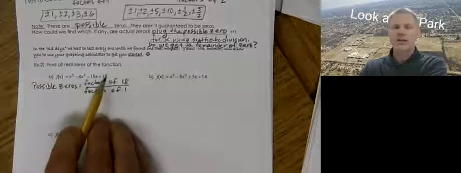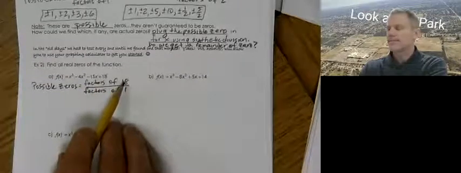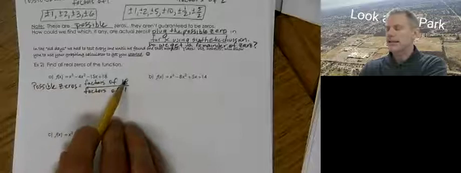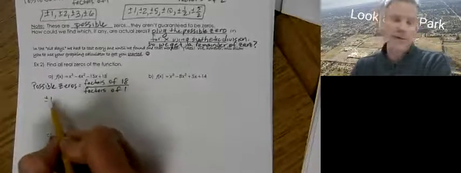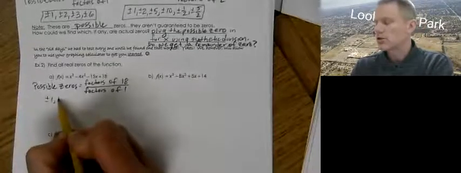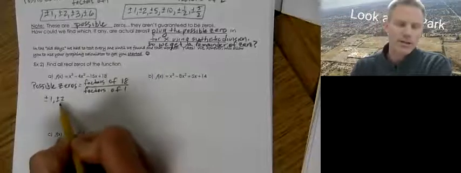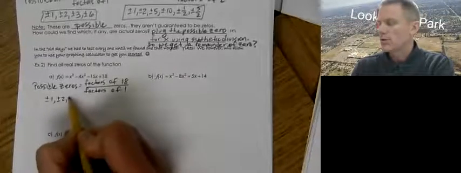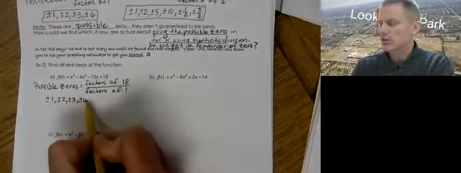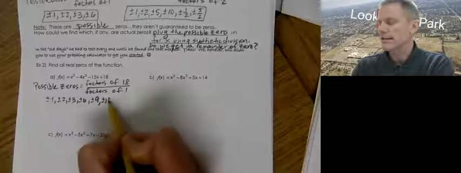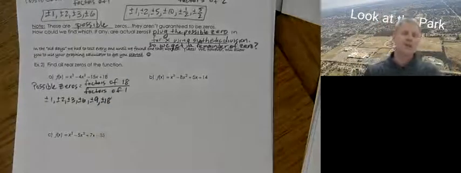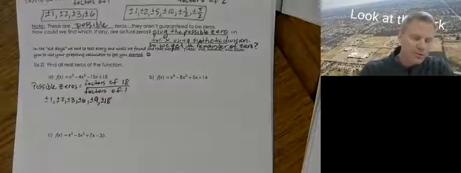The leading coefficient is 1. The last number is 18. The last number is 18 divided by the 1. So 1 goes into 18 divided by 1 is 1. 2 goes into 18 divided by 1 is 2. 3 goes into 18. 6 goes into 18. 9 goes into 18. And of course, 18 goes into 18. Those are your possible zeros.